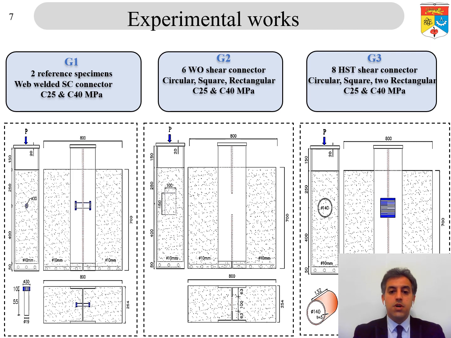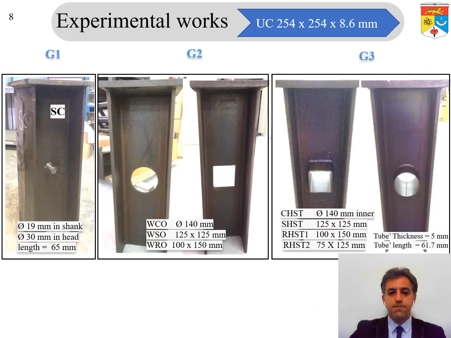The second group comprised six web opening specimens with different geometries of circular, square, and rectangular shape, and with two different concrete strengths. Group 3 comprised 8 hollow steel tube shear connectors with different geometry and two different concrete strengths. The details of the specimens can be found in the attached drawings.